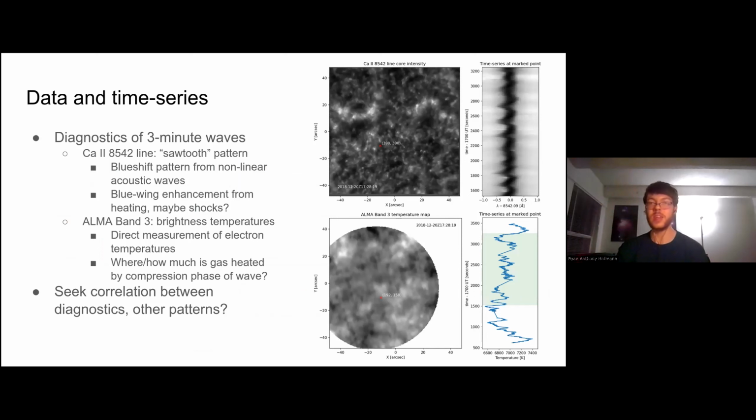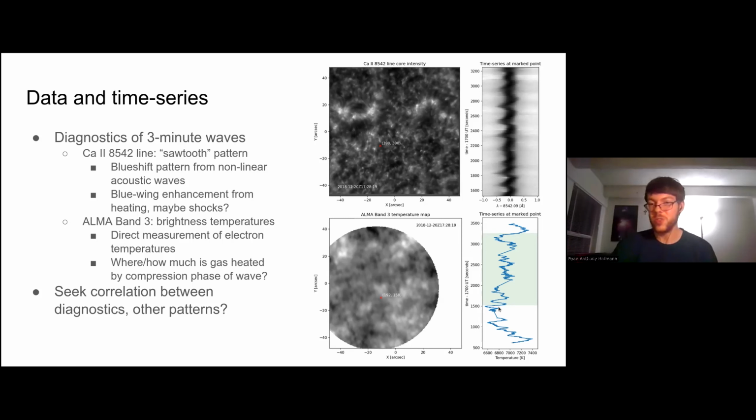So looking at the time series, you can see in this sequence of calcium 8542 spectra, this characteristic sawtooth pattern, which is the signature of these steepened acoustic waves or shocks. So it rapidly blue shifts and then slowly red shifts, rapidly blue shifts, slowly red shifts, and so on.